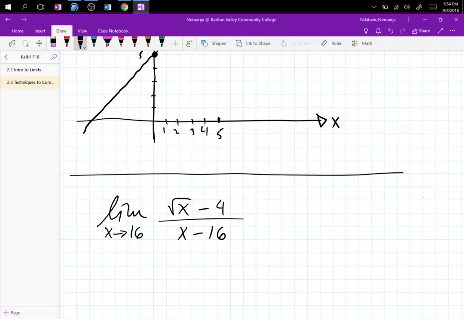We can. What does it mean? Multiplied by square root of x plus 4. That guy over there. Nice.